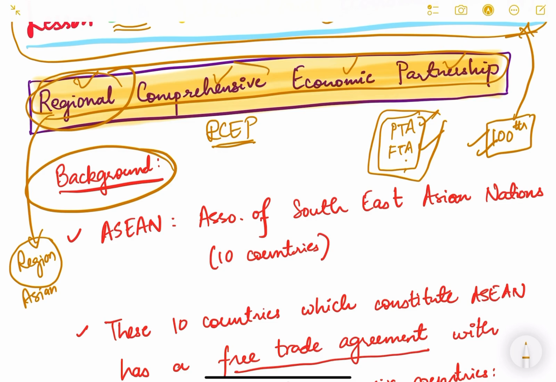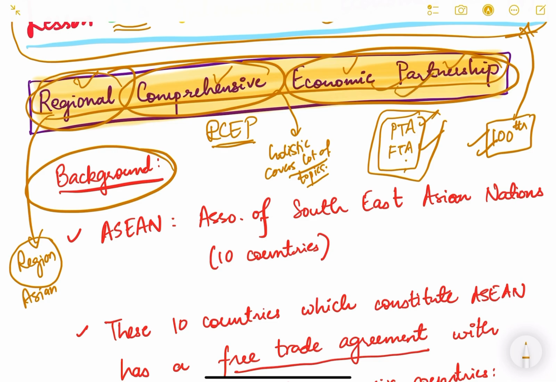Comprehensive means it is a kind of holistic agreement. It covers a lot of topics. It is not just about trade in goods, but also about a lot of other things that we will discuss. And economic partnership is a kind of economic policy that will lead to some kind of partnership between the member countries which will sign this agreement. So I hope you have understood the meaning of each and every word in the name of RCEP.